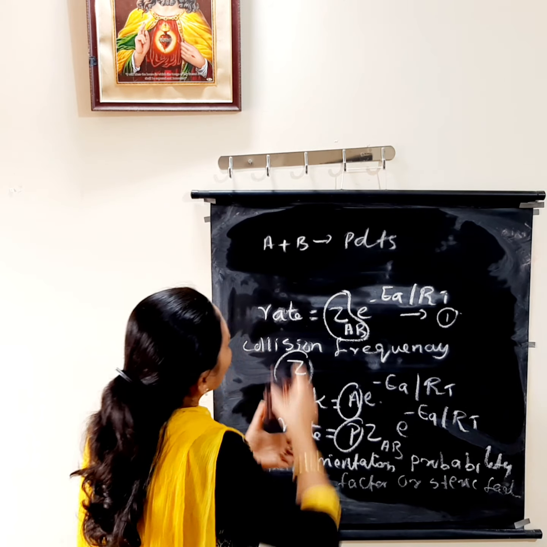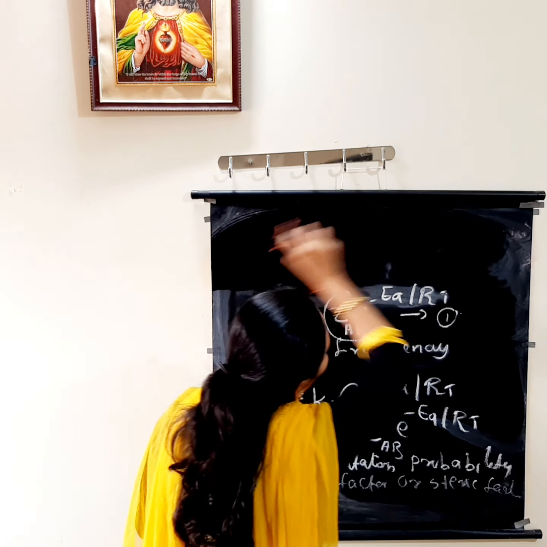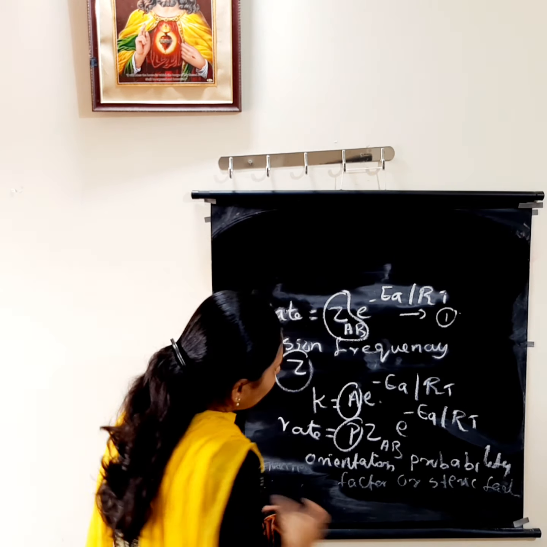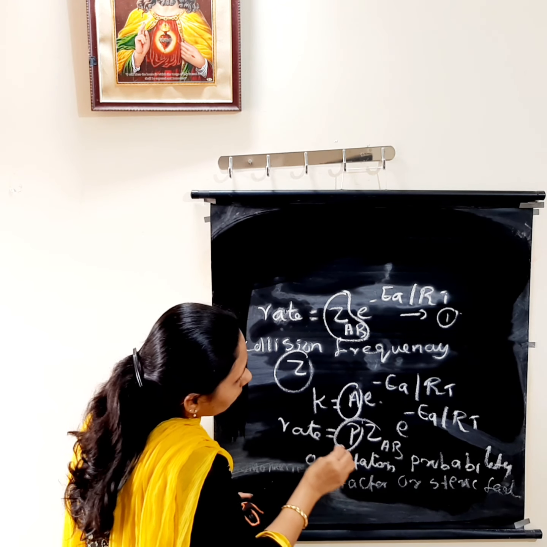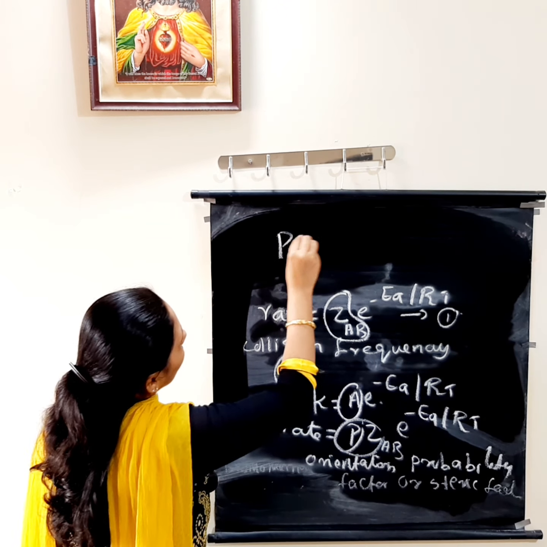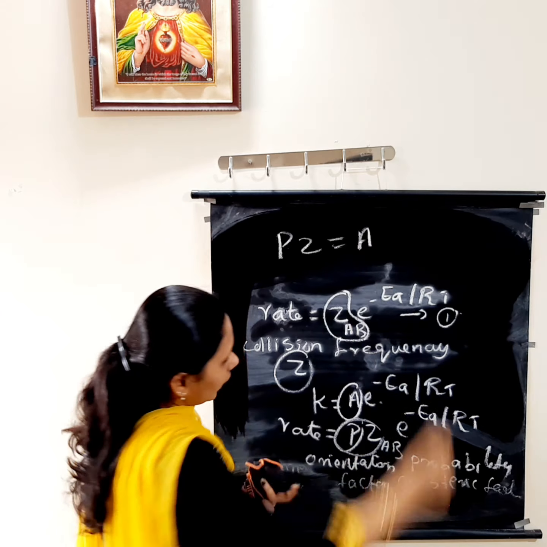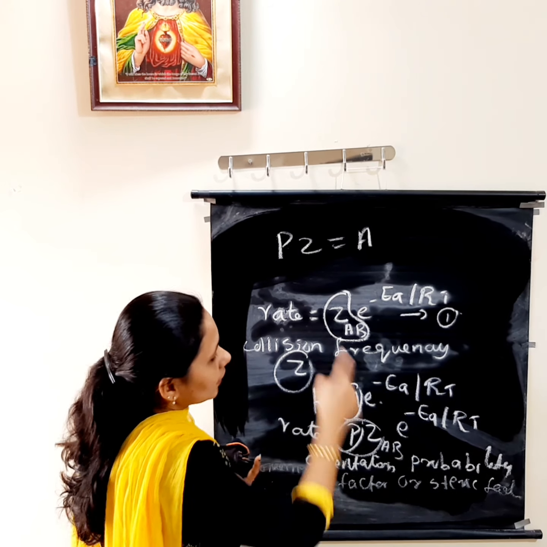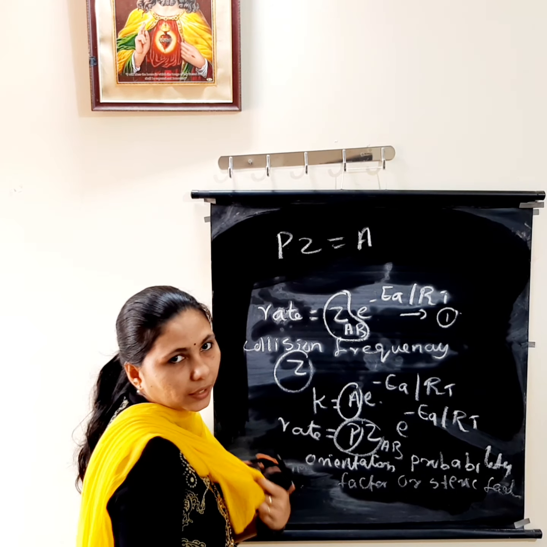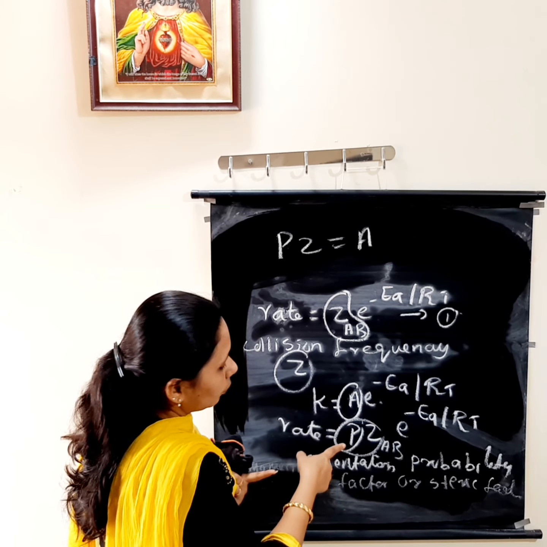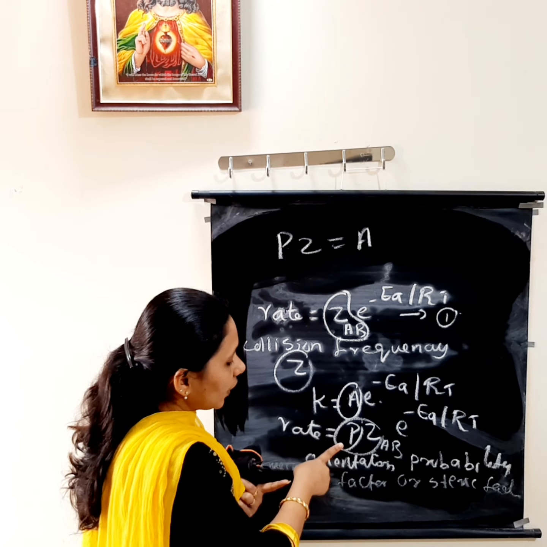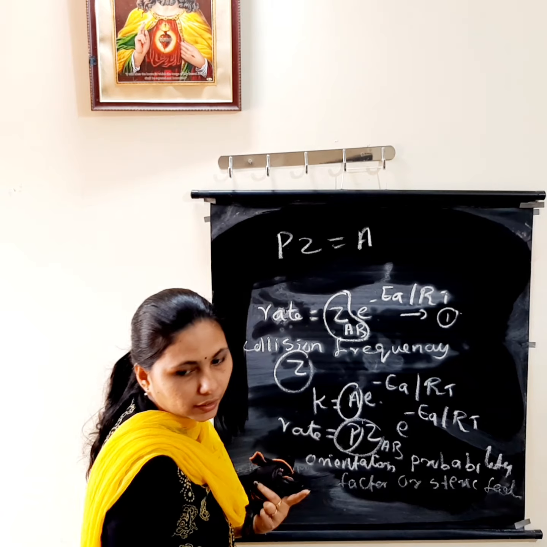So comparing P into Z with the Arrhenius equation, P into Z equal to which one? Our A. For explaining the orientation, we introduce one more factor known as P, the probability factor or steric factor.